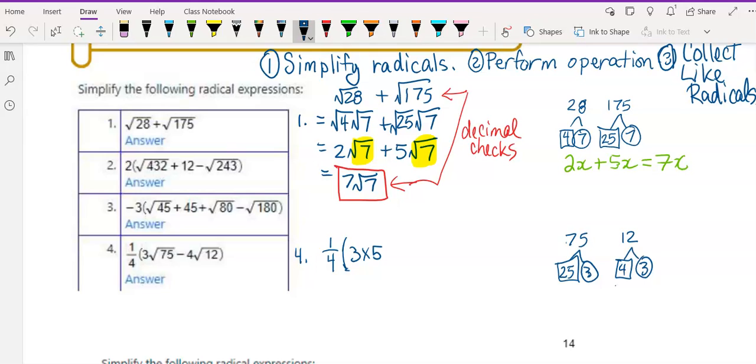And then I'm going to have my non-radical right beside it. Minus 4, let's put the 4 in there, times root 12. So come over here, I'm going to square root the perfect square to get 2 and leave behind the 3.